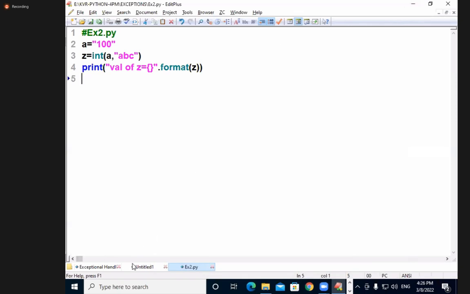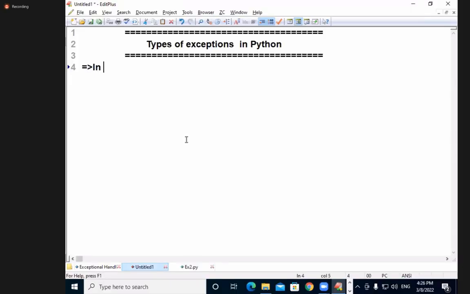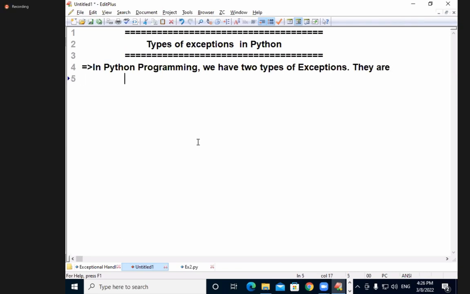Coming back to the point, very, very important discussion. In Python programming, we have two types of exceptions. The first one is predefined, also called built-in exceptions.